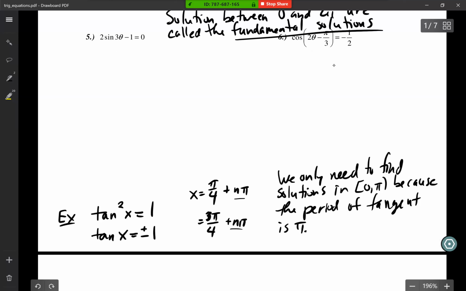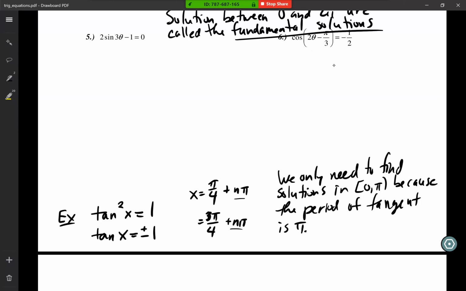We can just add multiples of pi rather than multiples of 2 pi because tangent repeats faster. We need to go all the way around from 0 to 2 pi for sine and cosine because it takes all the way around to 2 pi before sine and cosine start to repeat. But for tangent, you don't have to go all the way around. You can just do 0 to pi and then add multiples of pi, and you're done.